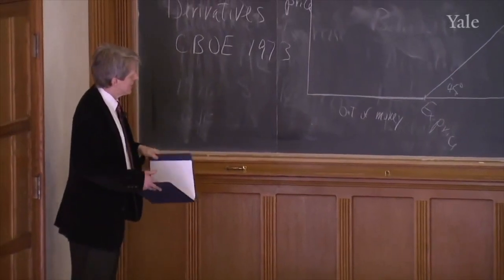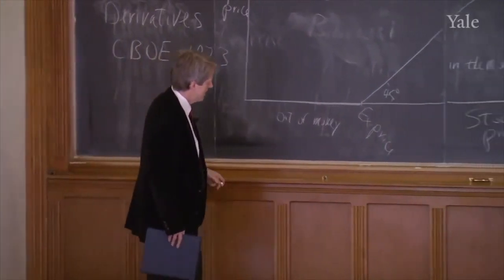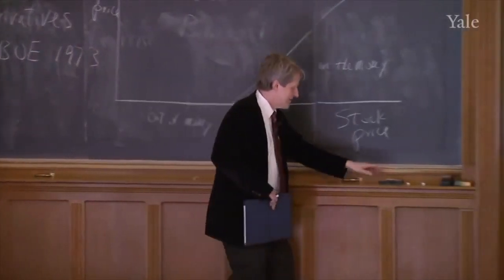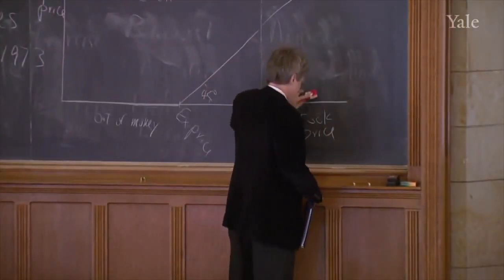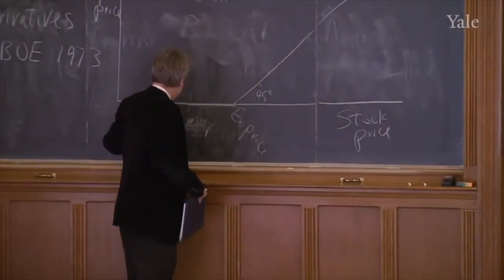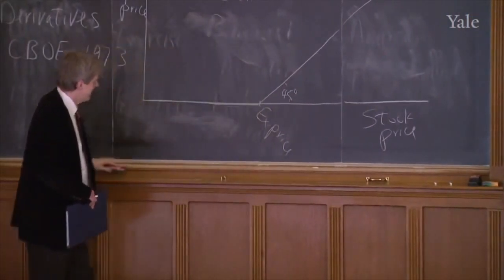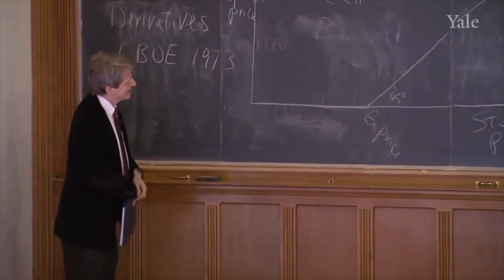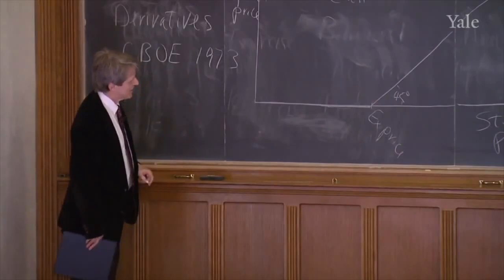Now I wanted to talk about a put. What is a put? Let me erase where it says in and out of the money, but I'll show it. I'll do this with a dashed line so that you'll see which one is which. I'm leaving the call line up.